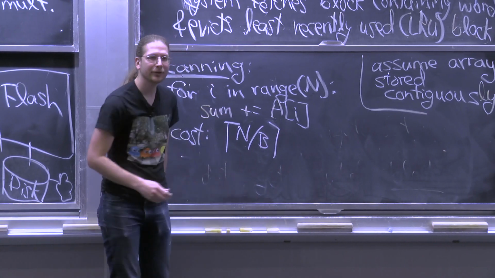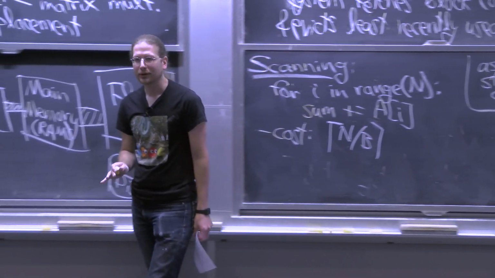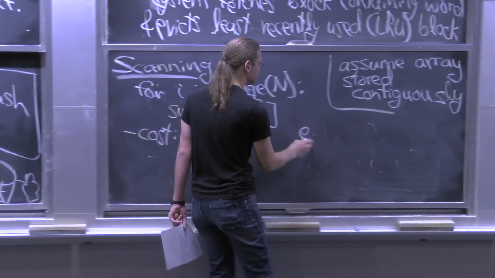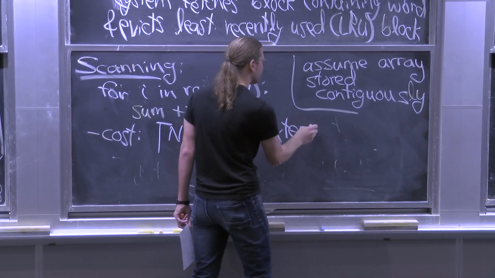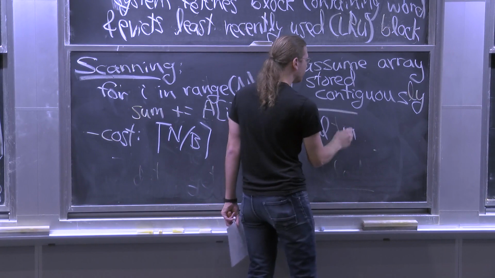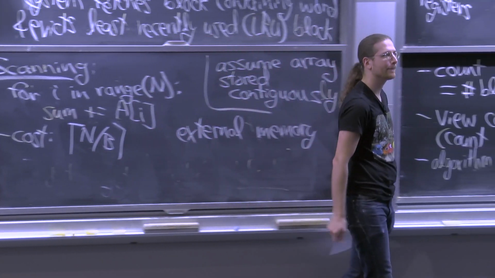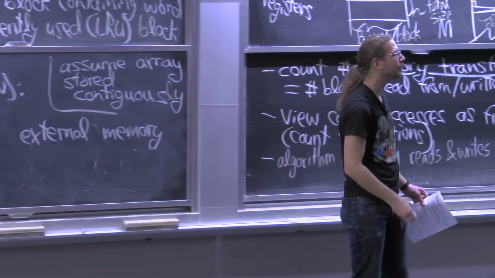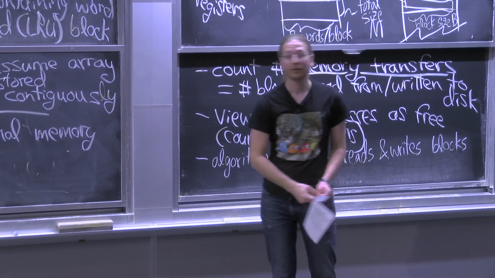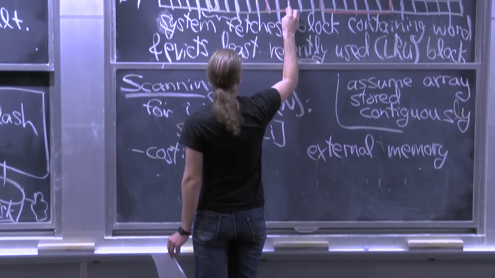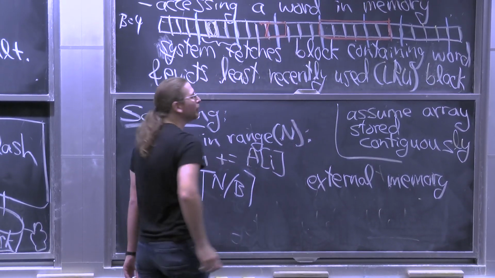Without a big O here, this is right in the external memory model, but not quite right in the cache-oblivious model. Can someone tell me why? If n is 2, you could have it beyond a border. Good. N could be 2, but it could span a block boundary. Remember, the algorithm has no idea where the block boundaries are.